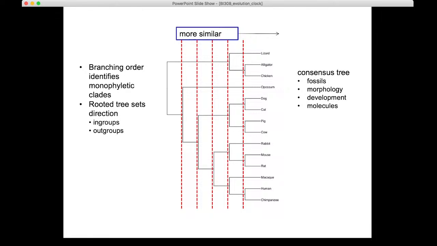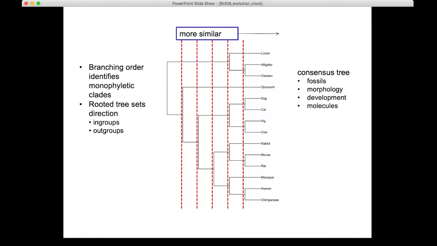Okay. And so the idea is for any number of species, using fossils and morphology, evidence through development, and of course DNA and protein sequences, we can come up with what's called a consensus tree. This is our best guess as to who's related to whom.